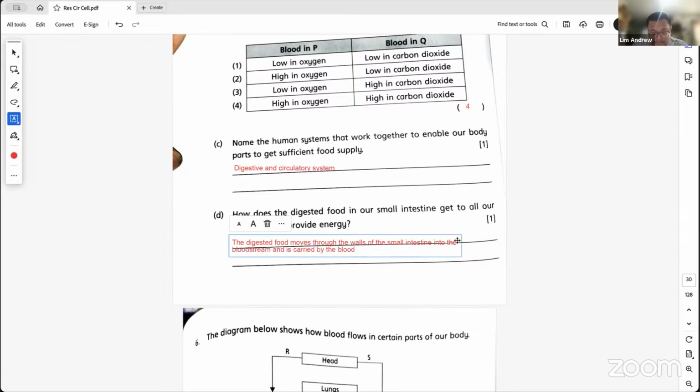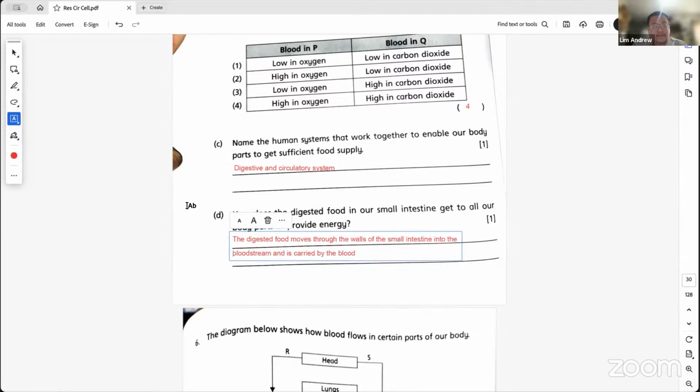Let me just see whether I can make it better for you to see. So the digested food moves through the walls of the small intestine into the bloodstream, and it's carried by the blood in order to get to all our body parts to provide energy.